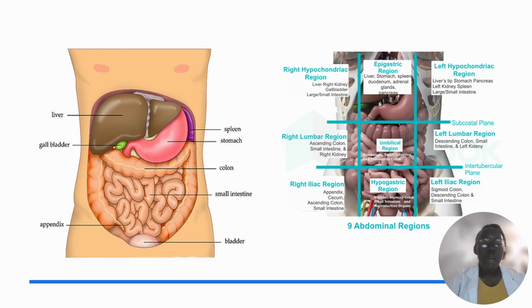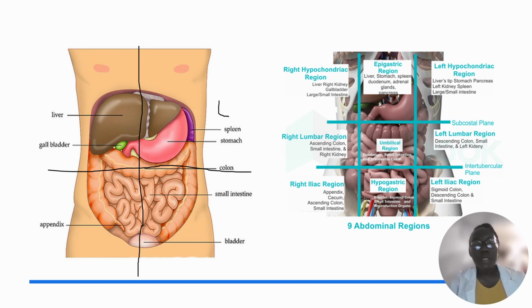Here we can see that for more precision, to be able to locate organs in our abdomen, they divide the abdomen into quadrants. We have 4 quadrants like this. Here we see the left upper quadrant, and here we see the right upper quadrant.